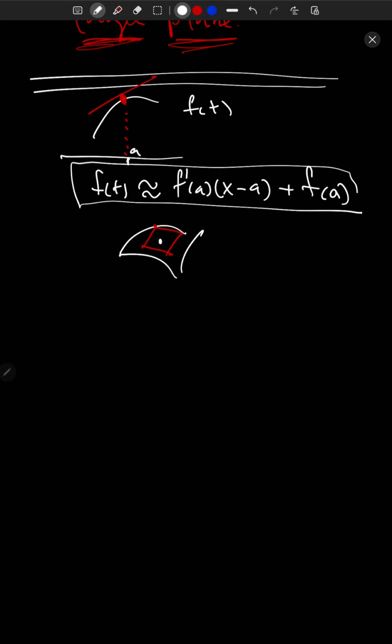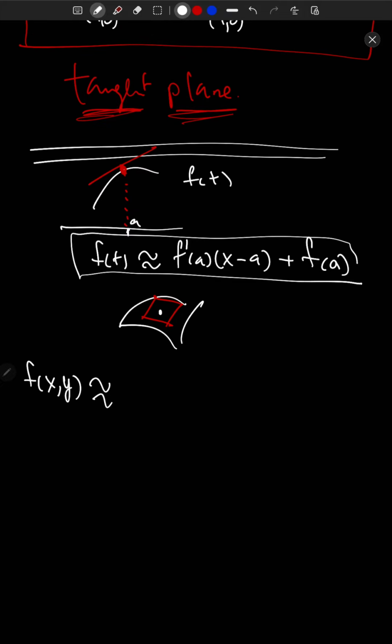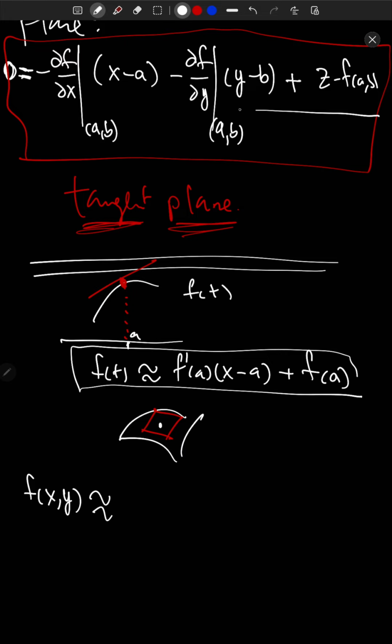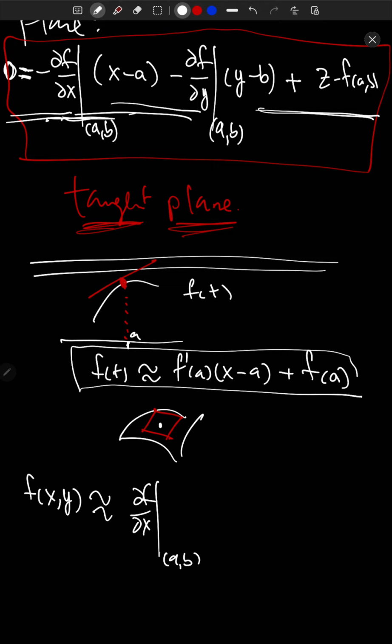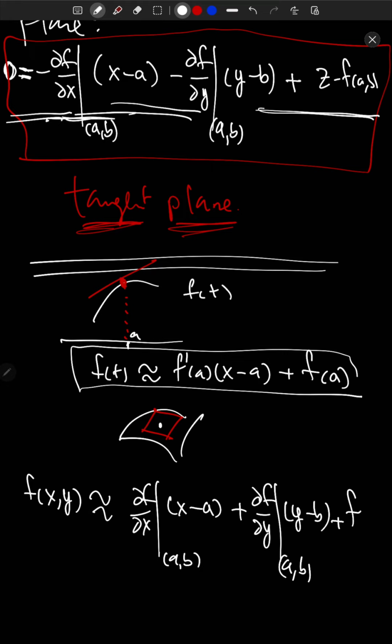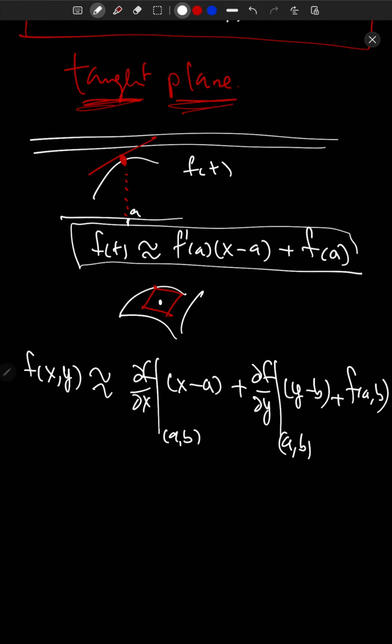So for f(x, y) to be differentiable, this has to be true. This is approximately the formula up there where we throw z to the other side. If we throw everything but z to the other side, we get ∂f/∂x at (a, b) times (x minus a) plus ∂f/∂y at (a, b) times (y minus b), plus f(a, b).